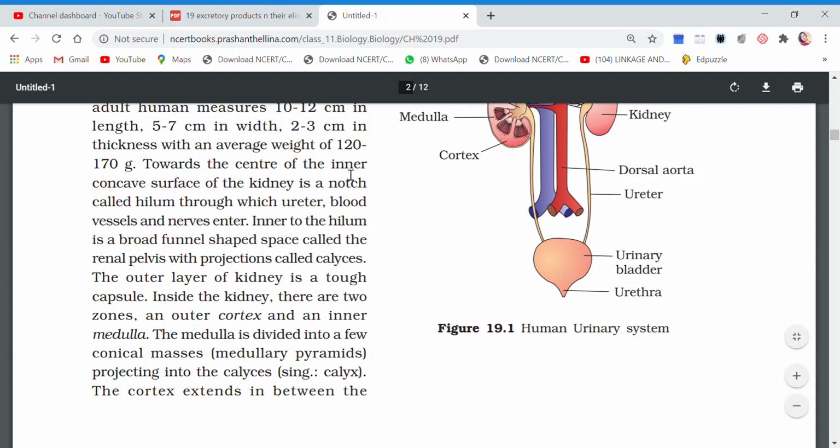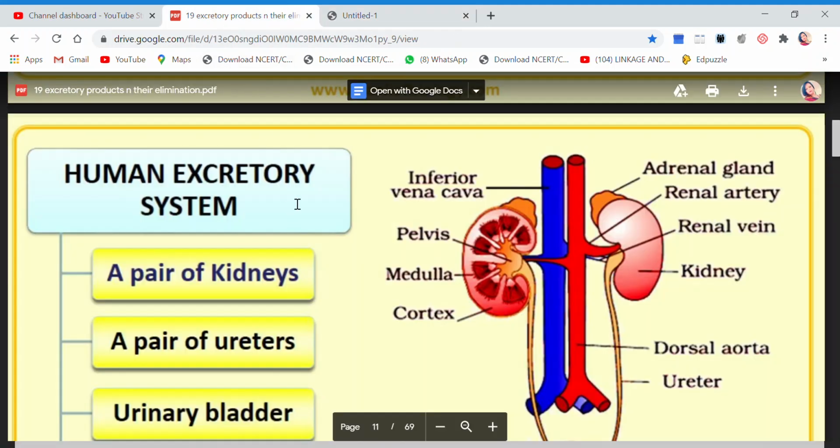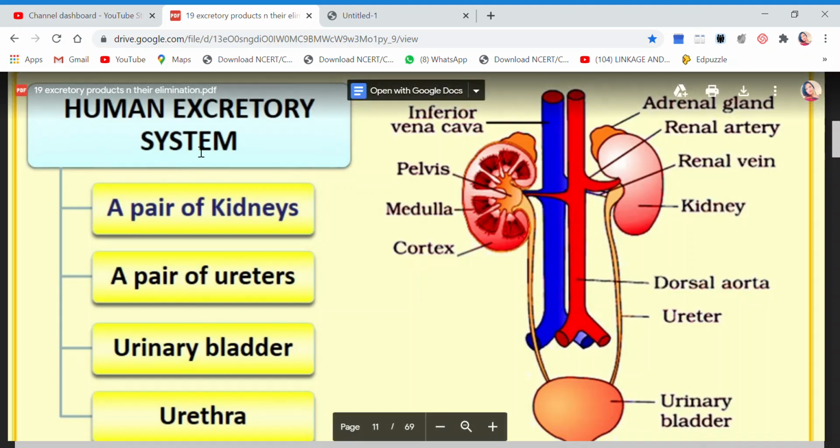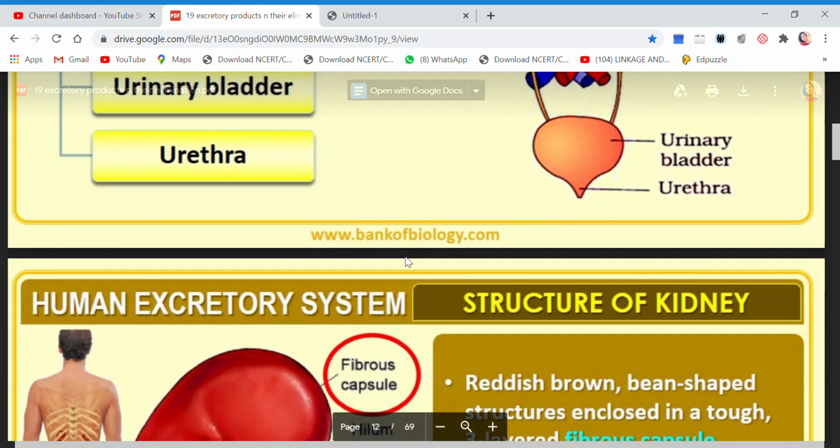Towards the center of the inner concave surface of the kidney, there is a notch called hilum, and through this hilum, ureter, blood vessels and nerves enter. So let me show you this. Children, this is our human excretory system, a pair of kidneys, pair of ureters, urinary bladder and urethra.